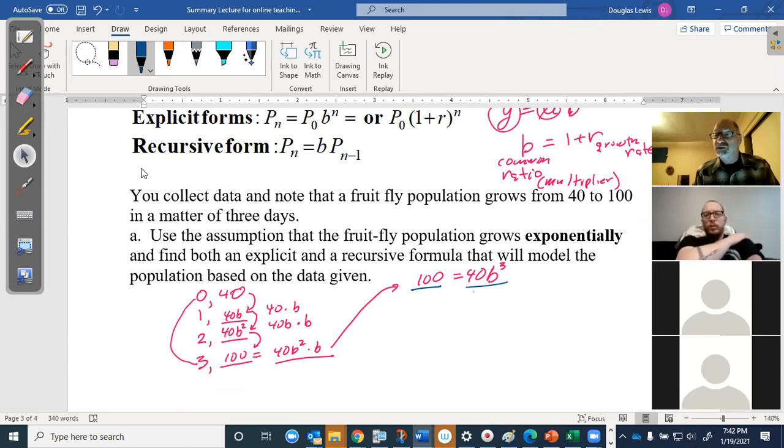You're going to, but the order of doing this is important. Divide by 40. Yeah. So basically, think of it as unwrapping a package. You want to get b by itself. The cubing function is the highest ranking, so that's the last thing we're going to be able to get rid of. So we're going to divide by 40 first. Okay, and then 100, that's 10 divided by 4 is 2.5.